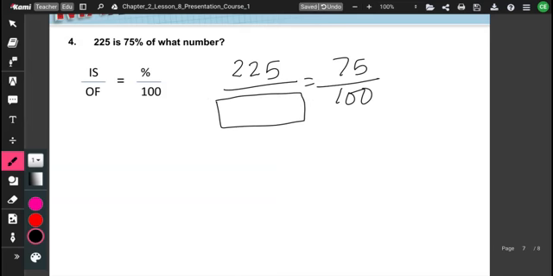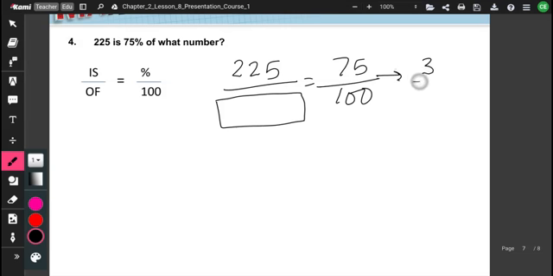I'm going to simplify this because I don't know if 75 can go into 225. I know that some kids are going to look at this and be confused, so that's why I'm going to simplify first and then multiply.